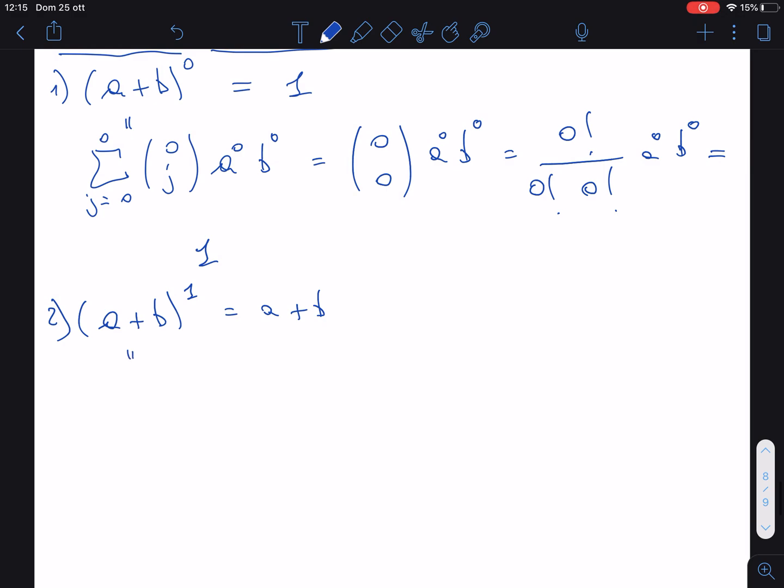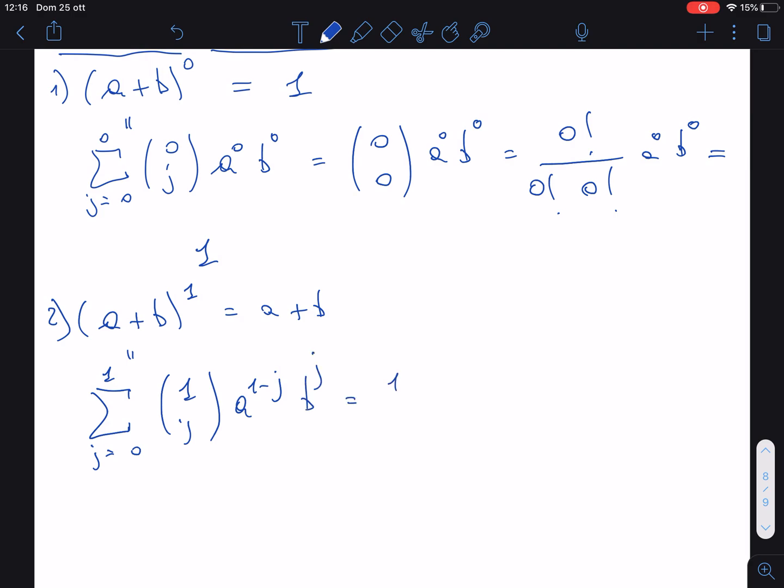And this time we have to write down the sum for j from 0 to 1 of (n choose j), which is (1 choose j), a to the n minus j, b to the j.